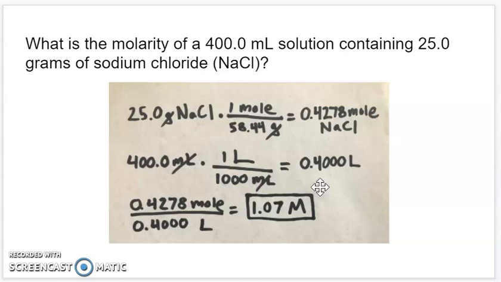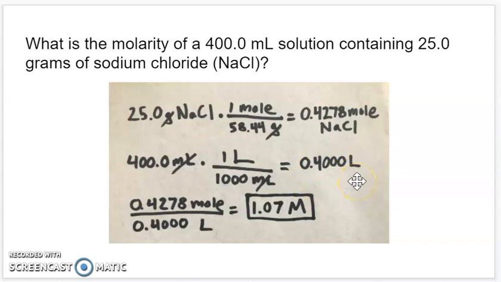It usually means 1,000 of something. So there are 1,000 milliliters in a single liter. In order to calculate how many liters we have, we're going to take 400, multiply it by 1 liter over 1,000 milliliters. Milliliters cancel out, we get units of liters, and we have 0.4000 liters. It's a little bit redundant that I have all of these zeros, but I'm just trying to be careful about the significant figures.